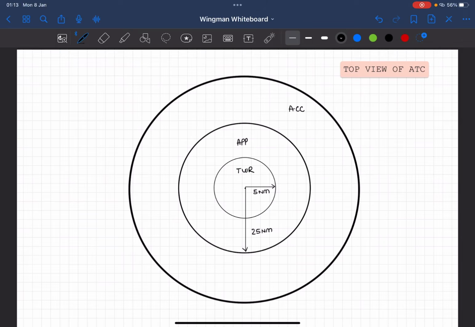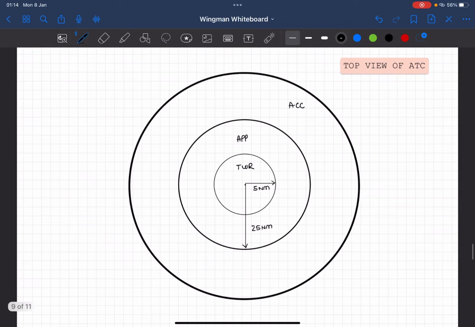Now the question is, how do you see your vertical limits? When you're looking at the map, and we'll discuss how it is drawn on the map, we'll have a brief description of how you read a map also. But for now, the way it will be written is, you'll have something written as ground level to flight level 50.